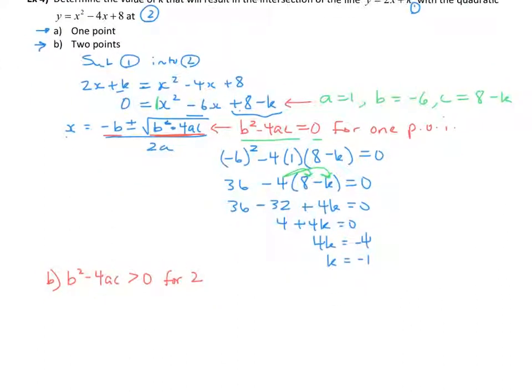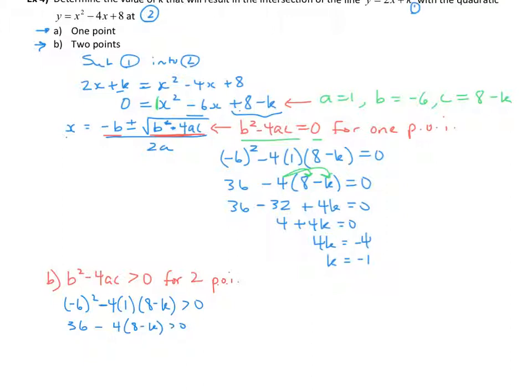So if we put in our values here, we know that -6 all squared minus 4 times the 1 times the 8 minus k has to be greater than 0. So we get 36 minus 4 times 8 minus k has to be greater than 0.